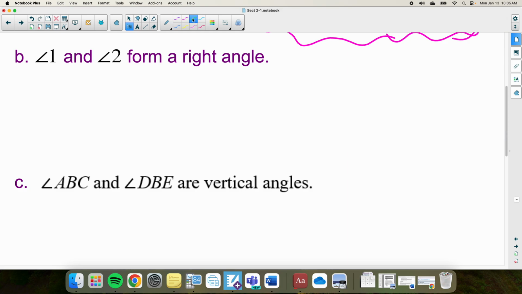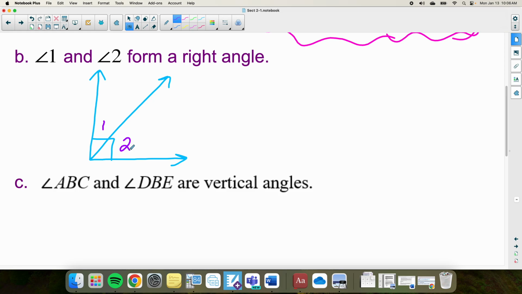Now, this one says angle 1 and angle 2 form a right angle. So the first thing I always do is draw this out. Okay, so here's a right angle, and I know one of my angles is 1 and the other is 2. What do you guys think we could say about that one?